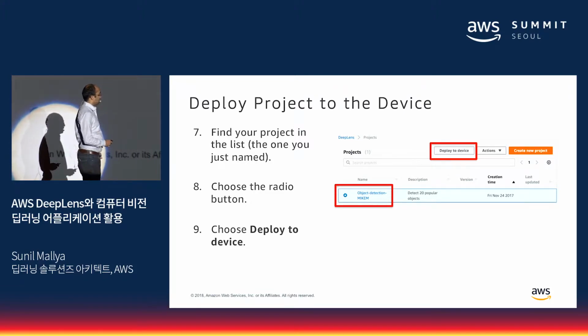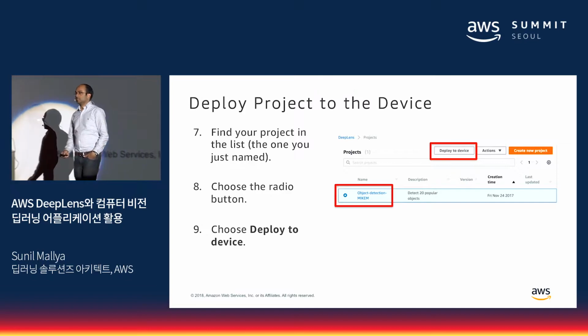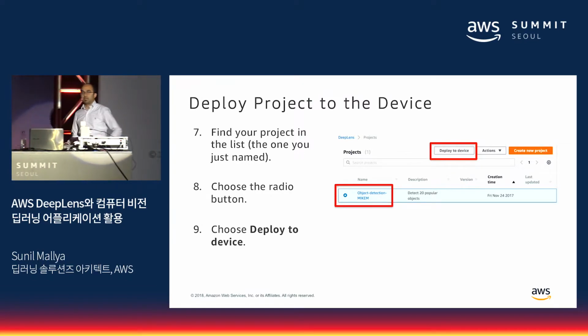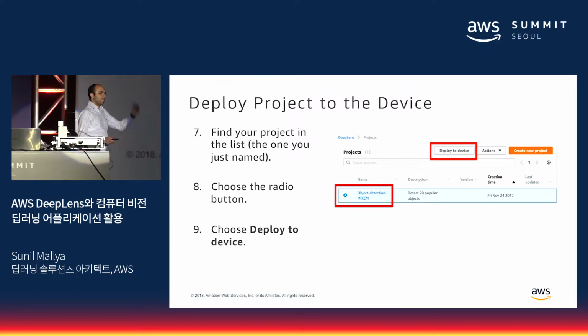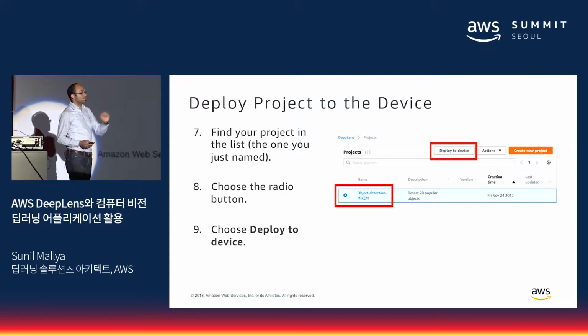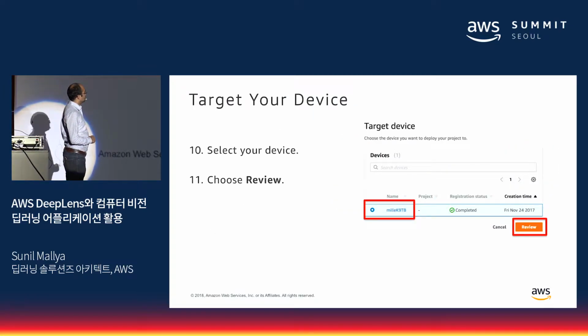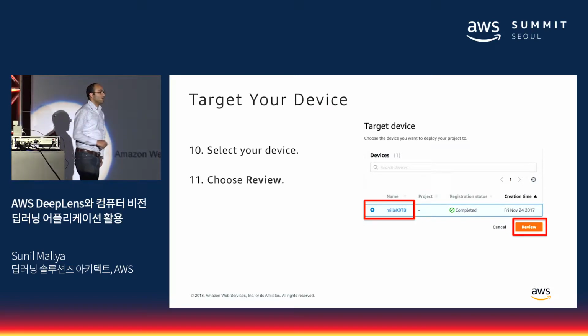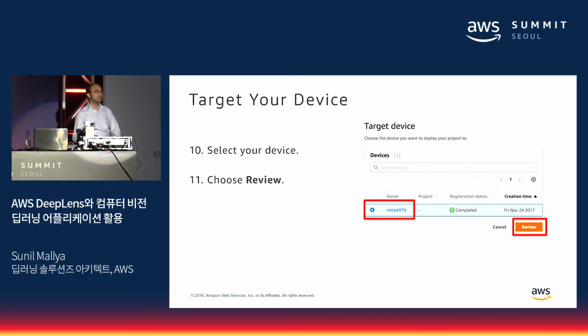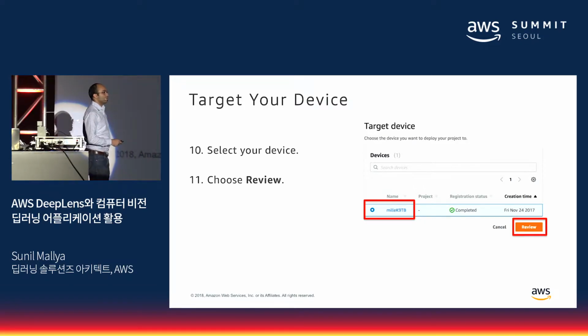So once you have created the project, the next step is to deploy it to the device, right? You've packaged your code, you've packaged your model files, and now let's push it to the device. Next, a single account can have multiple devices, so you choose the device that you want to deploy it on.